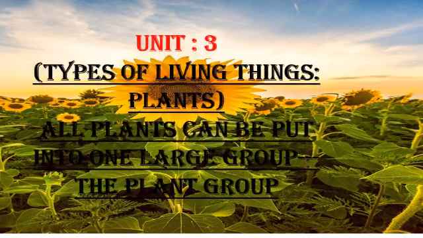Dear students, now we will start unit number 3, that is types of living things, plants. In previous unit, unit number 2, we have discussed types of living things, that was animals. Now we will start types of living things, plant. We know very well plants are living things.